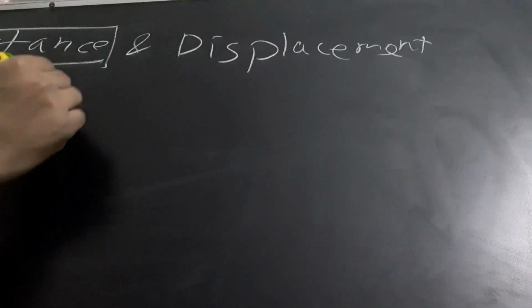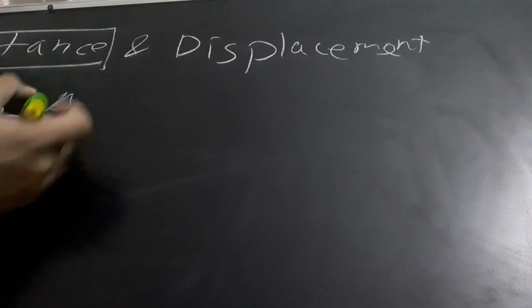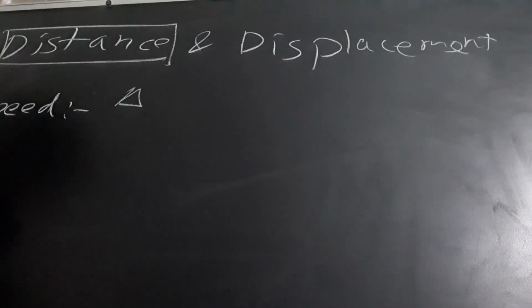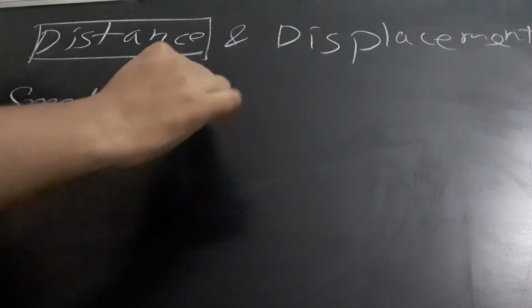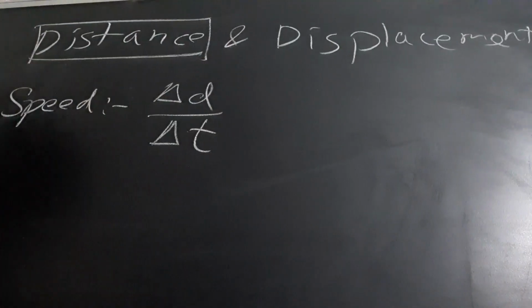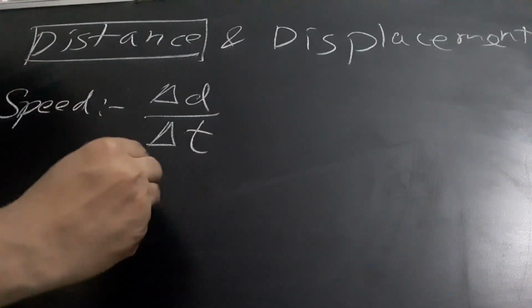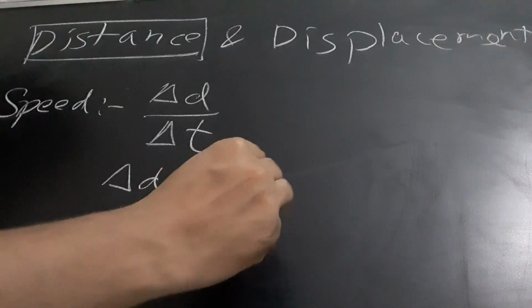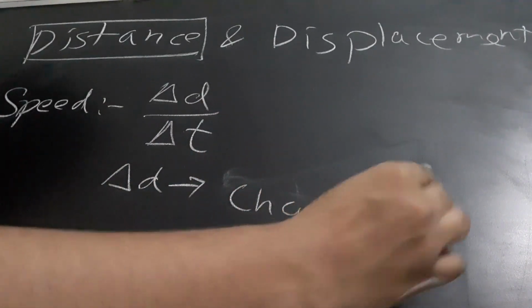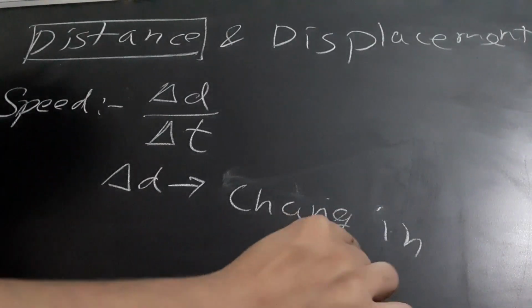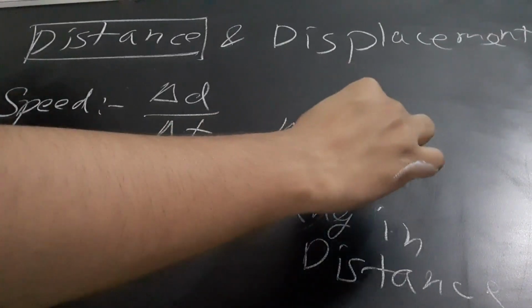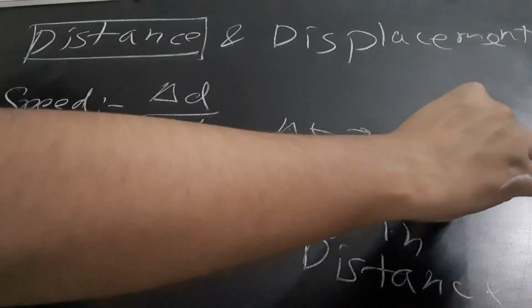So speed is equal to delta d upon delta t, where the symbol delta d stands for change in distance, and delta t stands for change in time.